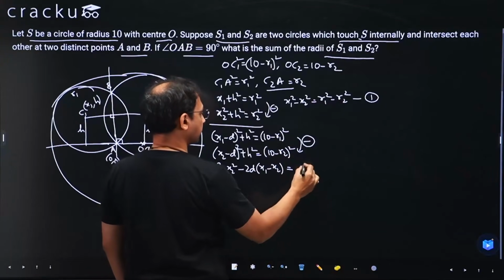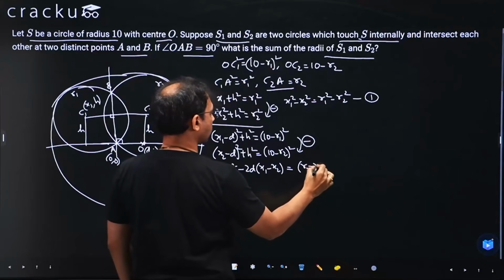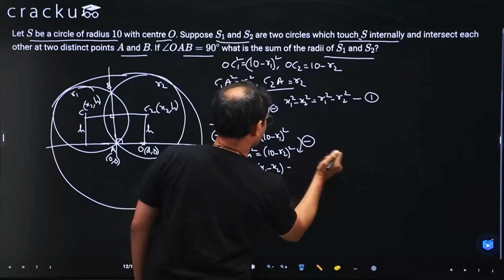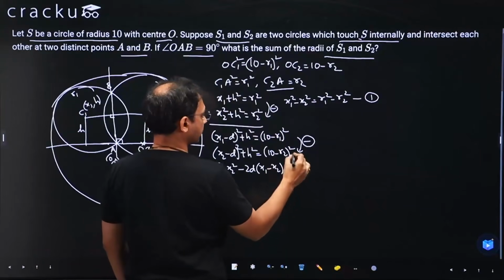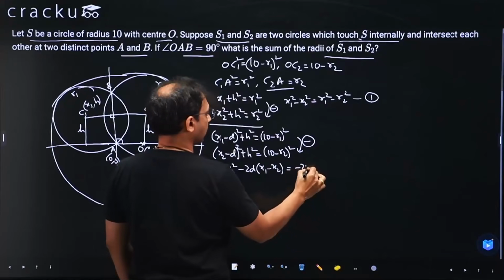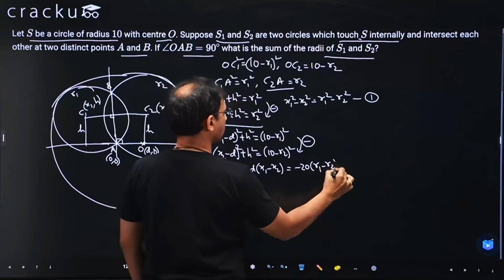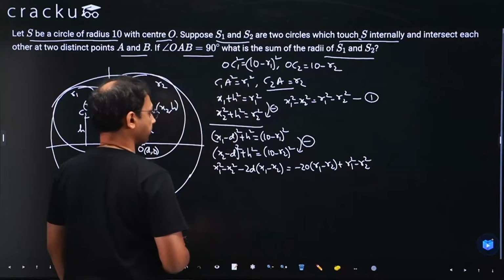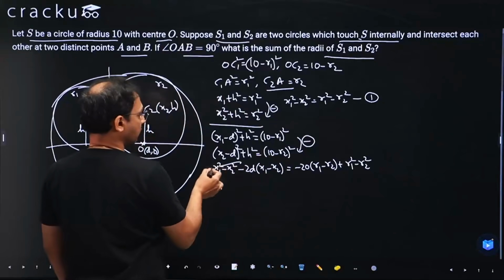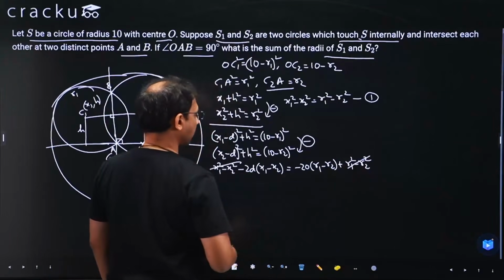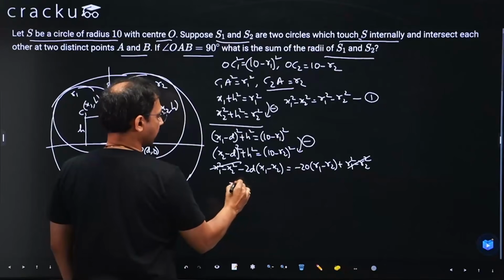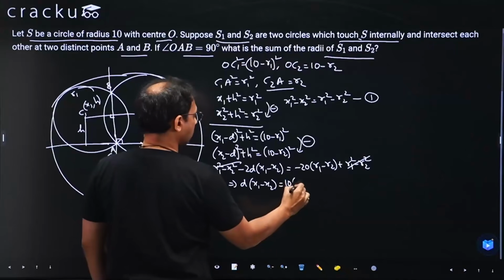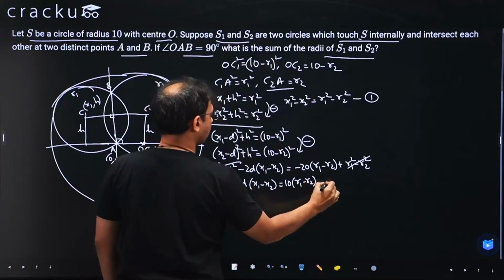When I do a minus b, I'll get R2 minus R1 into a plus b, or if you expand this, we get minus 20 into (R1 minus R2) plus R1 square minus R2 square. Now x1 square minus x2 square and R1 square minus R2 square are one and the same. So if you simplify, I get d into (x1 minus x2) is equal to 10 into (R1 minus R2).